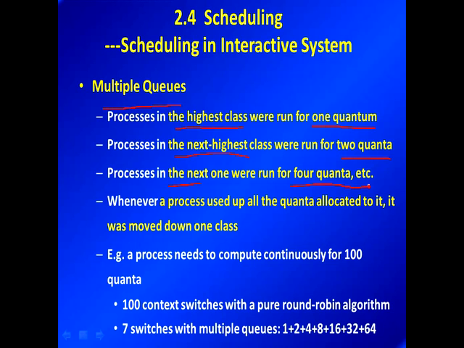So multiple queues can be applied to both compute and I/O bounded processes.